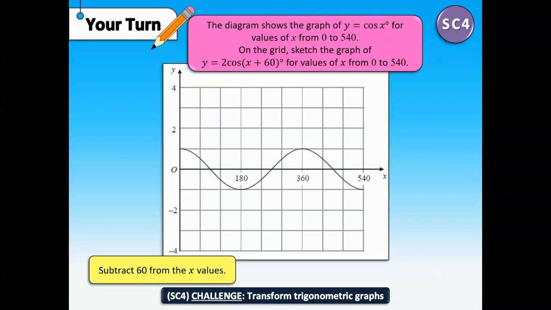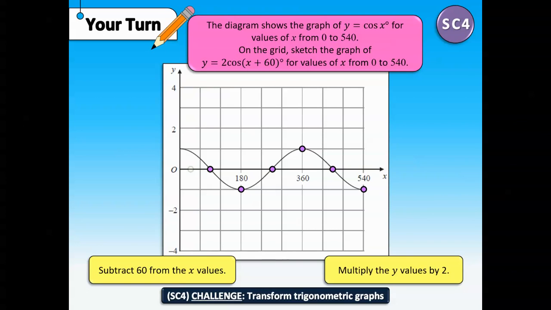So we need to subtract 60 from the x values and multiply the y values by 2. So there are some coordinates. Our new coordinates would be here. So our graph looks like this.